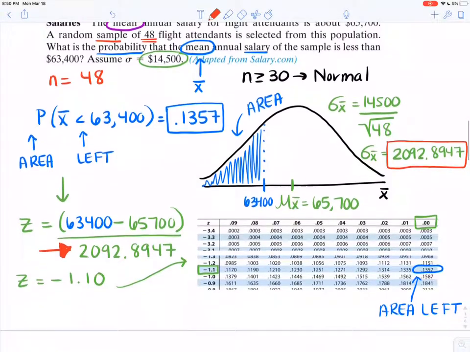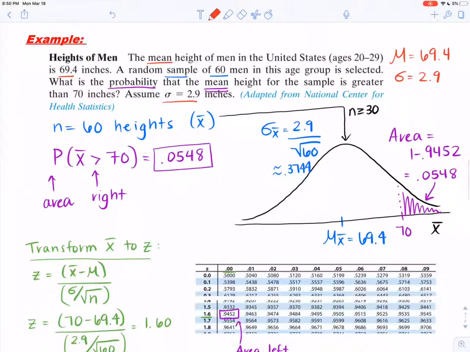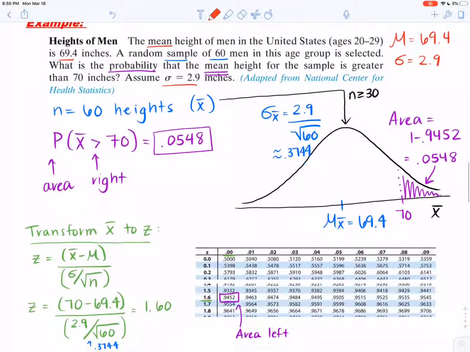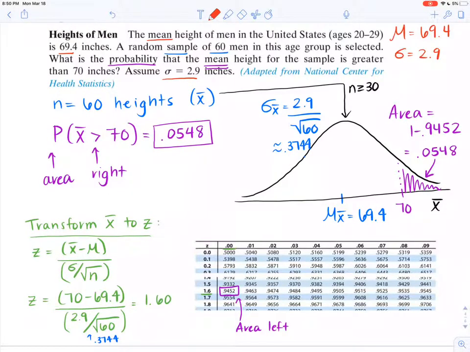All right, now, just to give you a second example, I went ahead and walked through the second example with you here. And again, what I hope you can see, the first thing I do is I note, I'm taking a sample, a group of values. I'm looking at a probability for a mean. So I check my central limit theorem. My sample size is 30 or more.